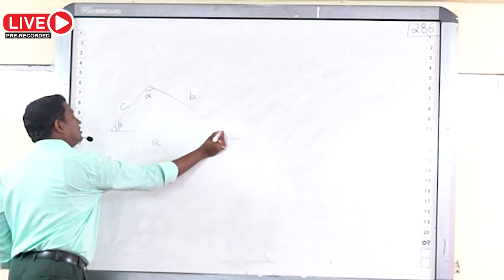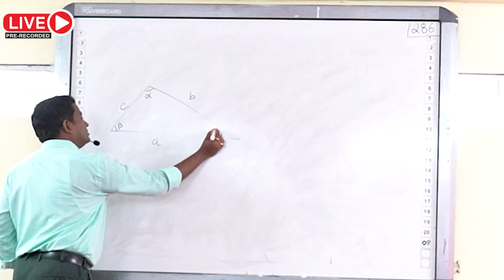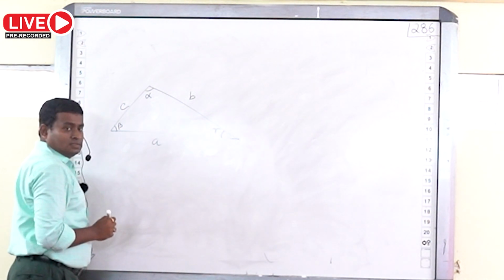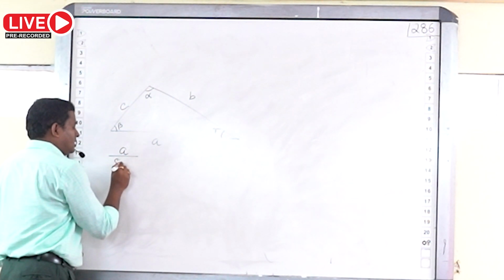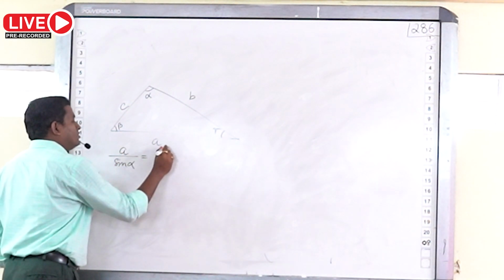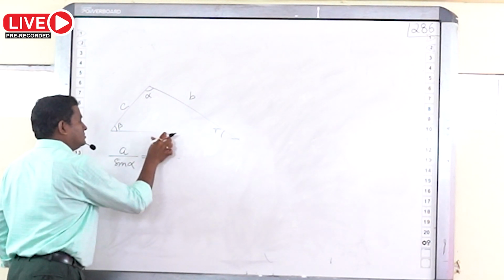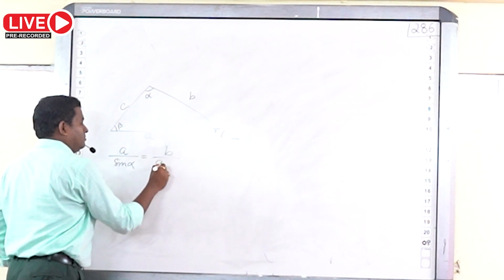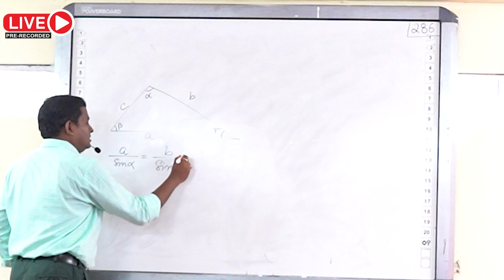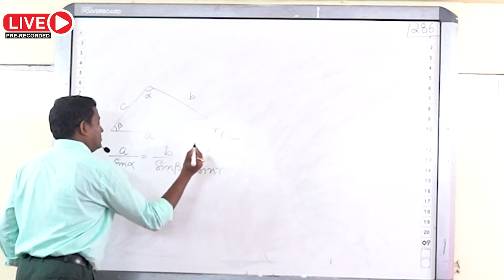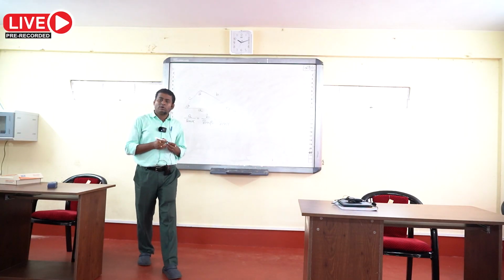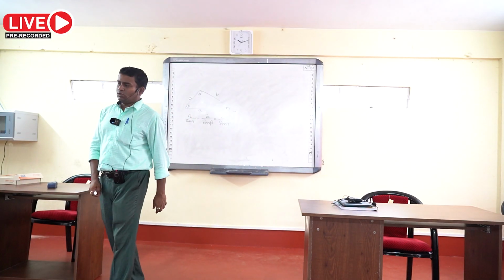And opposite angle of C is given gamma. Then the sine rule says that A by sine alpha is equal to B by sine beta equal to C by sine gamma. This one is called the sine rule in trigonometry.